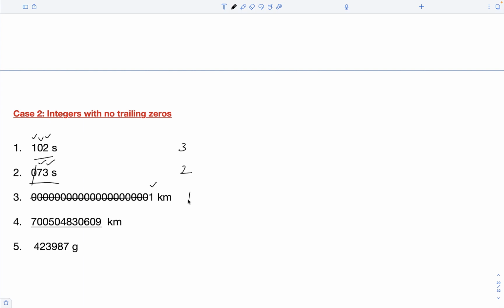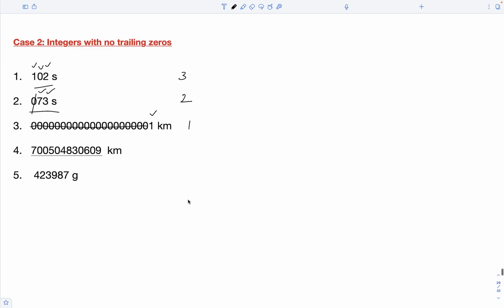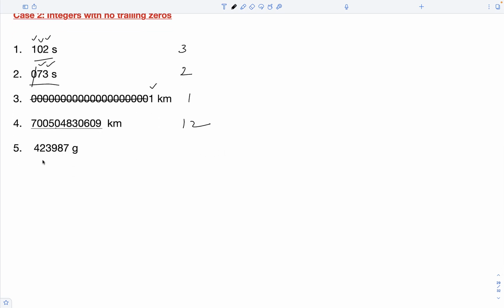So the number of significant figures is 1. And here, every digit present in this measurement contributes to its magnitude, so count them all. How many are there? 4 plus 4, 8 plus 4, 12. So the number of significant figures here is 12. And again, in this example, every digit contributes to its magnitude, so the number of significant figures is 6.